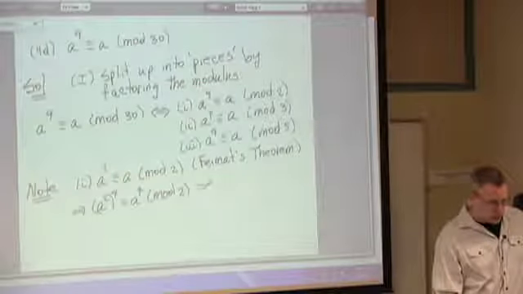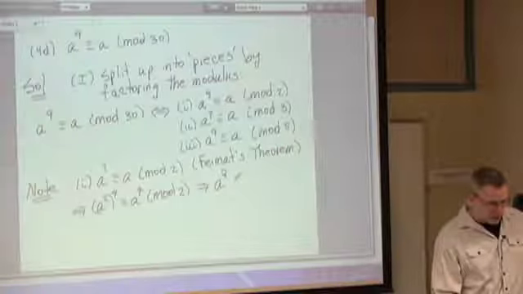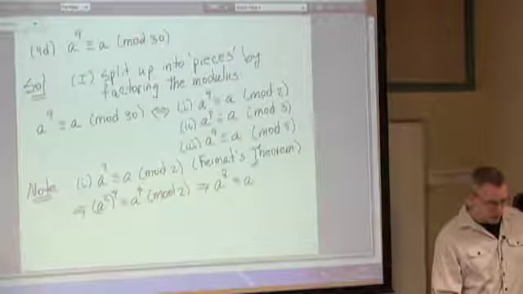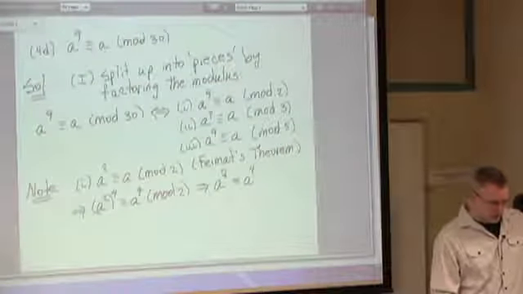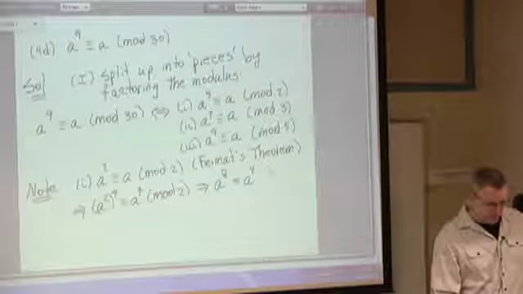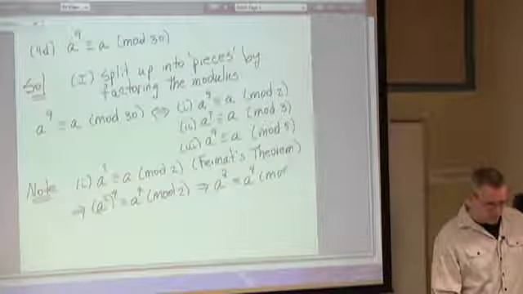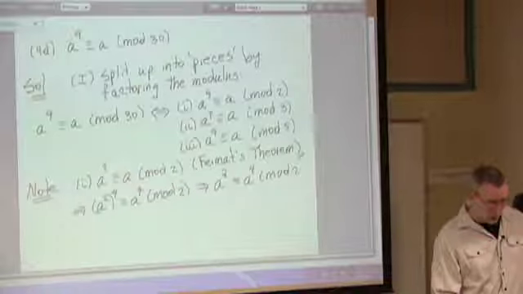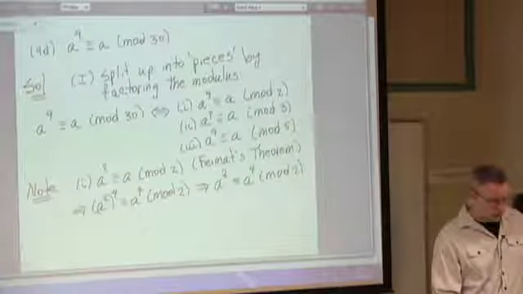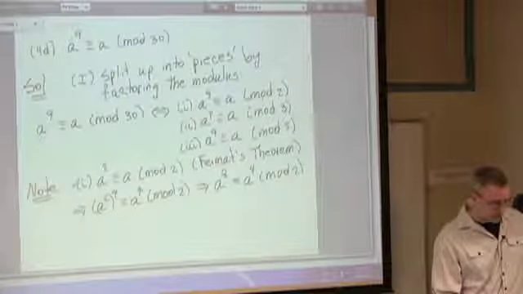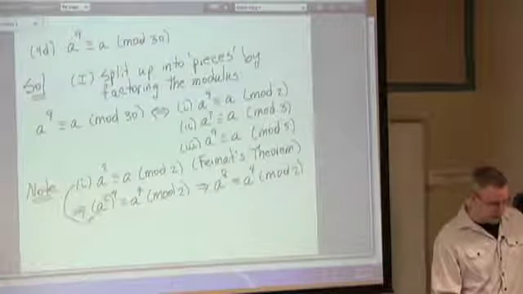So what do we get? We get a to the 8th is congruent to a to the 4th mod 2, right? Okay, but from here, this is where we started.